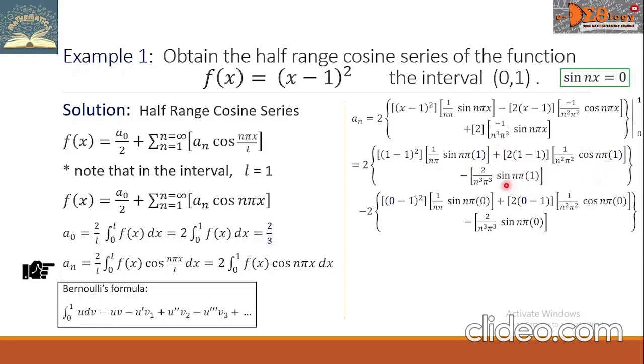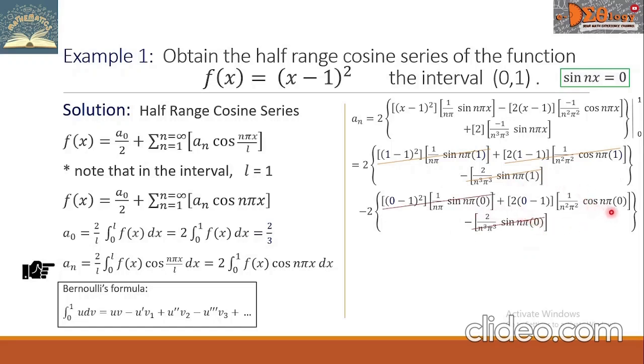And in the third pair, we have sine n pi that will make this 0, which means the whole first group is cancelled out. For the second group, we have the sine n pi here that will make this 0, and we have this sine n pi here that will also make it 0. Then we will simplify this group in here.